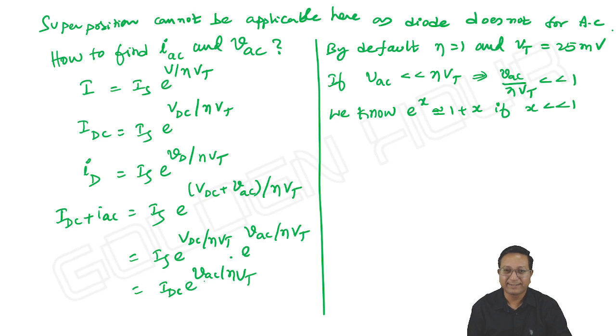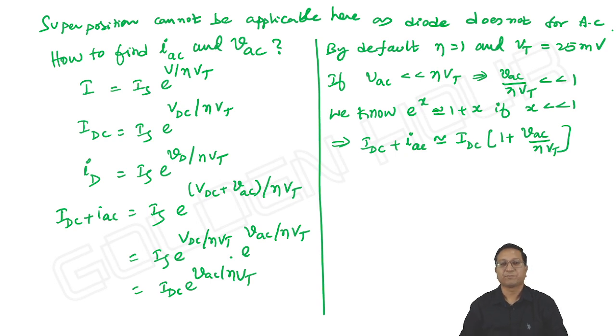That is like our x. Which implies IDC plus IAC is approximately equal to IDC into 1 plus VAC by eta Vt. We can write like this: e power x, instead of x, I have VAC by eta Vt.